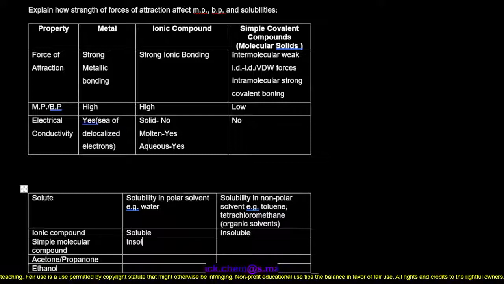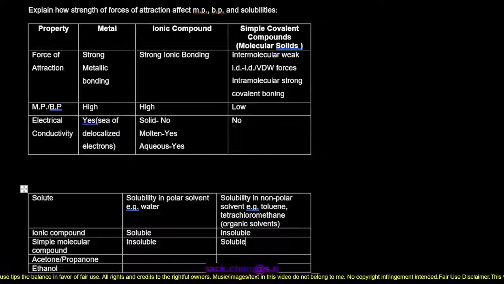We're going to consider them to be insoluble in our polar solvent and soluble in a non-polar solvent. In simple molecular compounds, we have induced dipole intermolecular forces of attraction, and these forces of attraction can form with a non-polar solvent but not a polar solvent.